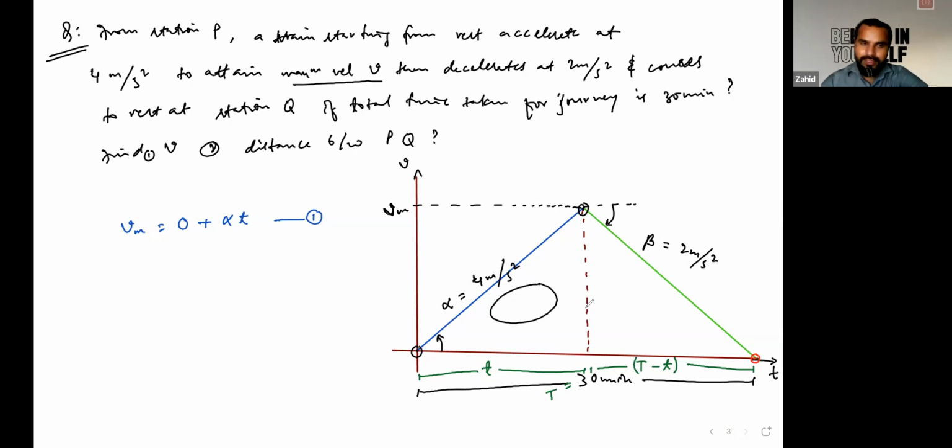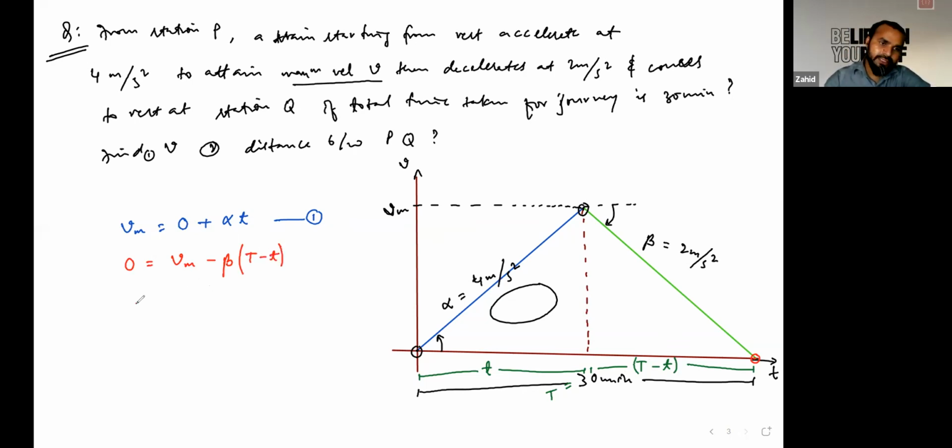So using the first equation of motion, v equals u minus a t, as it is decelerating, so we take acceleration to be negative, and the time for that interval is nothing but capital T minus small t.